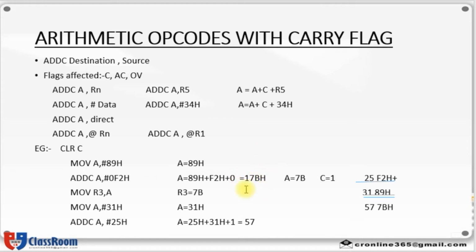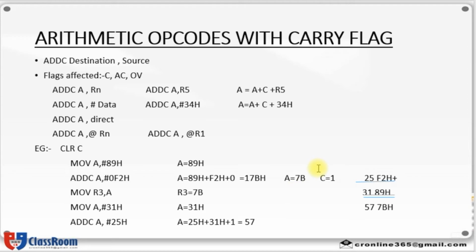That result is given as 17BH. These lower bytes are contained in accumulator and higher byte is stored as carry. You can see here 17BH.